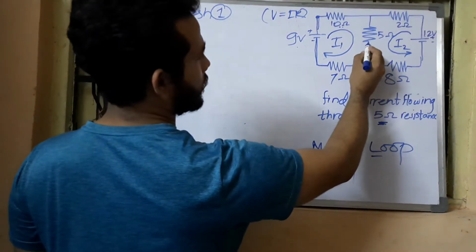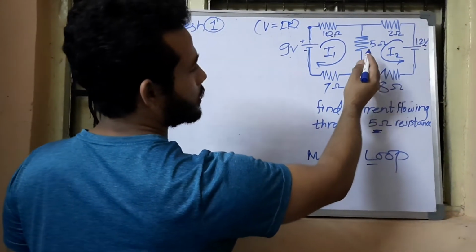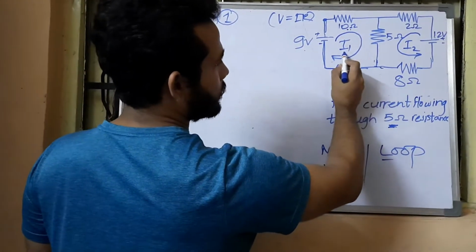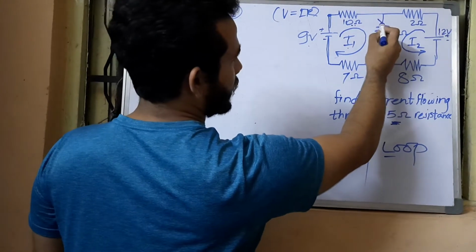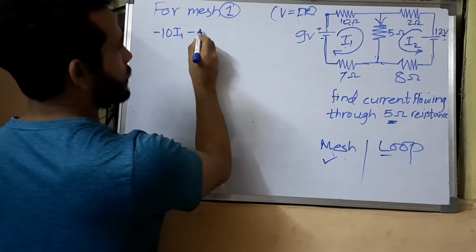Then I got 5 ohm resistance. Here, both currents I1 and I2 are flowing through this branch. So I write here minus 5.